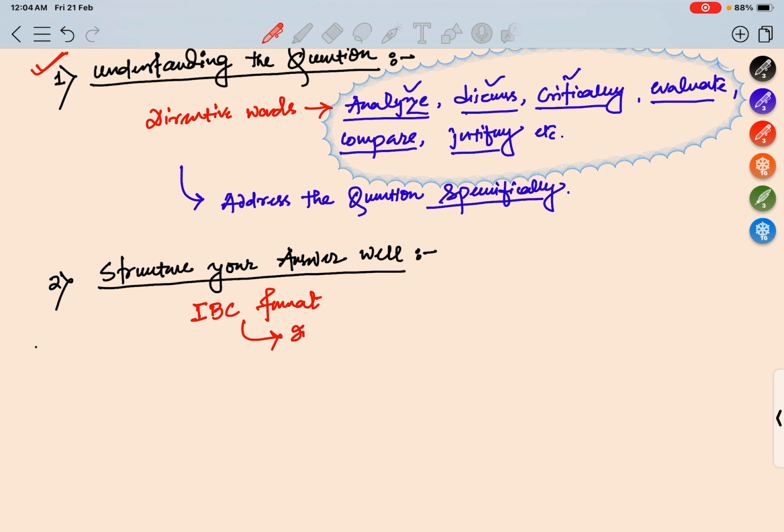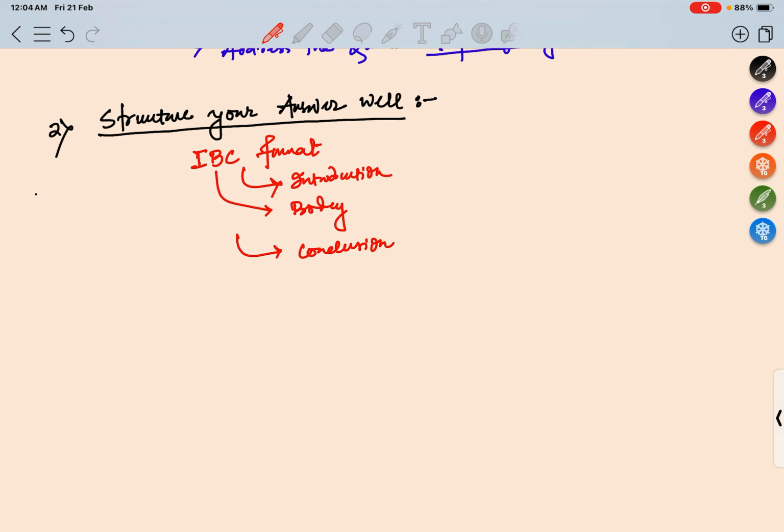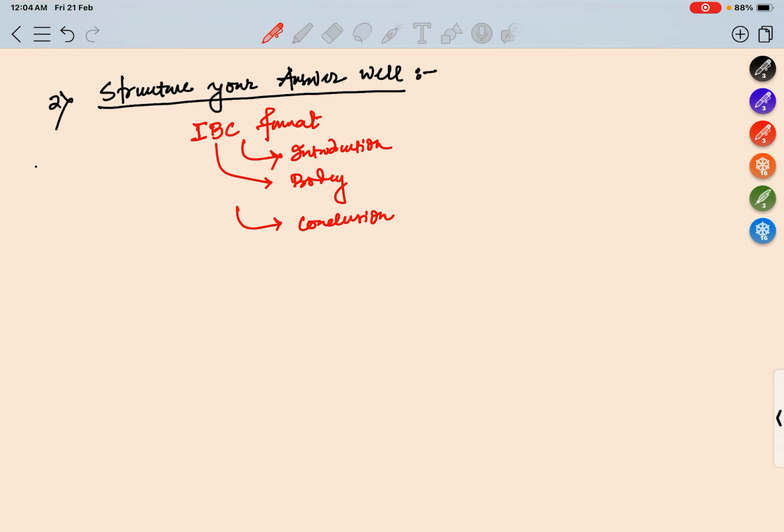I stands for introduction, B stands for body, and C stands for conclusion. When you write your answer, it should have these three things: introduction, body, and conclusion.